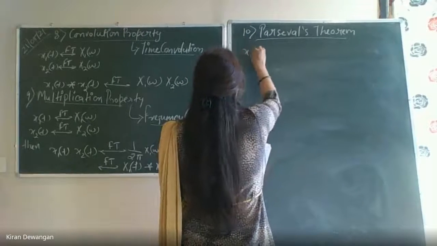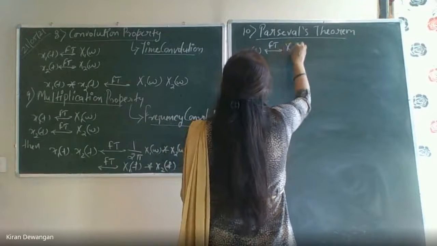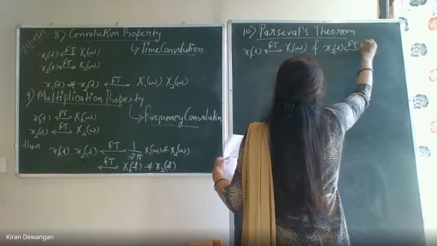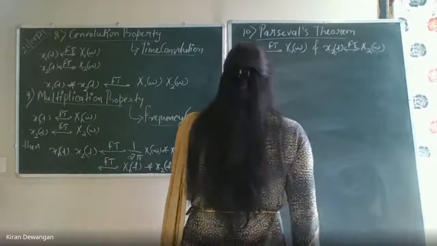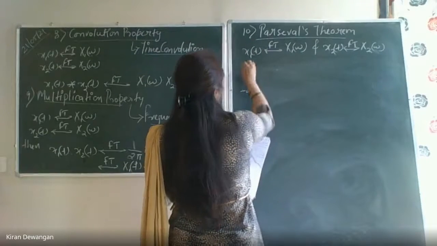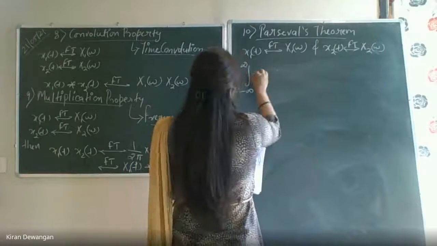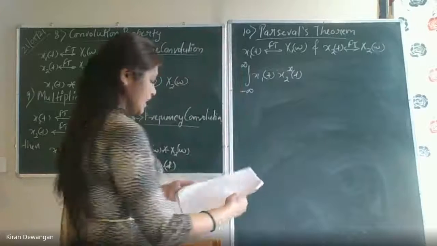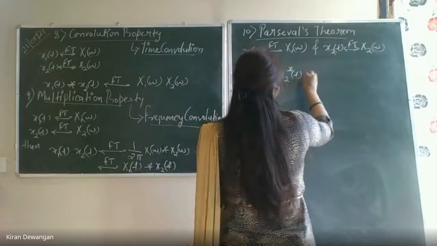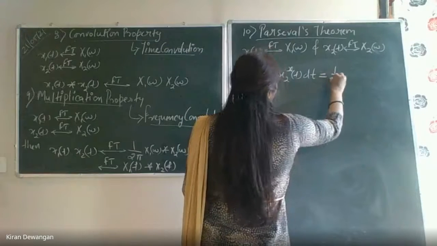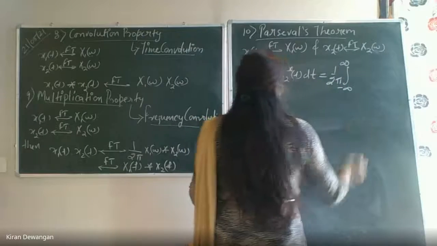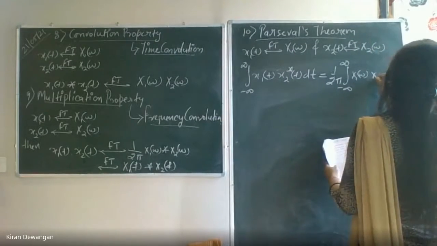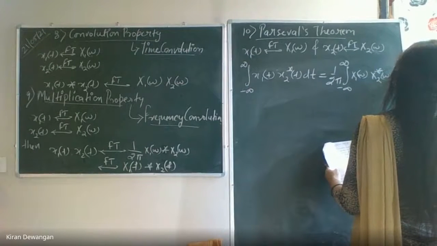If I am having x1(t) with Fourier transform X1(omega) and x2(t) with Fourier transform X2(omega), then according to Parseval's theorem, the integration from minus infinity to infinity of x1(t) into x2 conjugate (t) will have the value 1 by 2 pi integration from minus infinity to infinity of X1(omega) into X2 conjugate (omega) d omega. Okay?